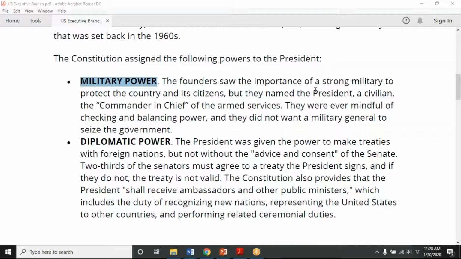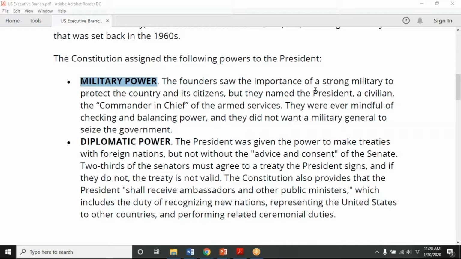So, there have been plenty of presidents who have military experience. After World War II, we elected Eisenhower, who was a general in the army during World War II, if I'm not mistaken.